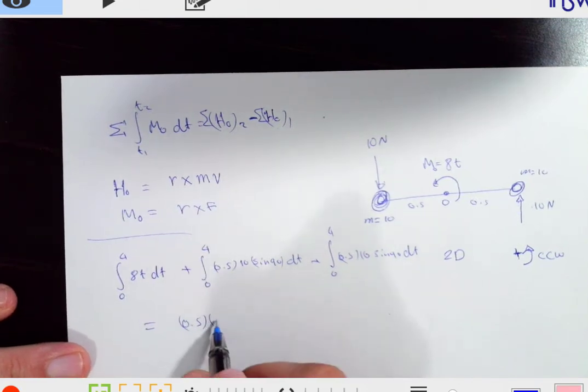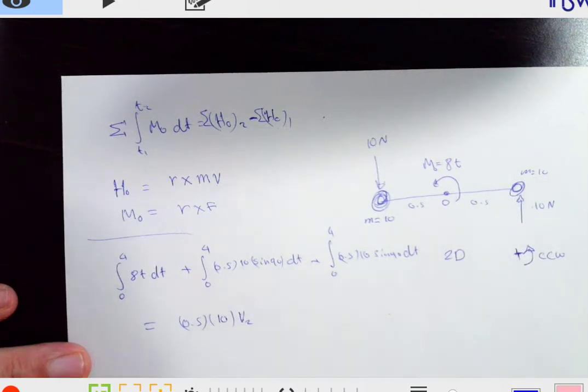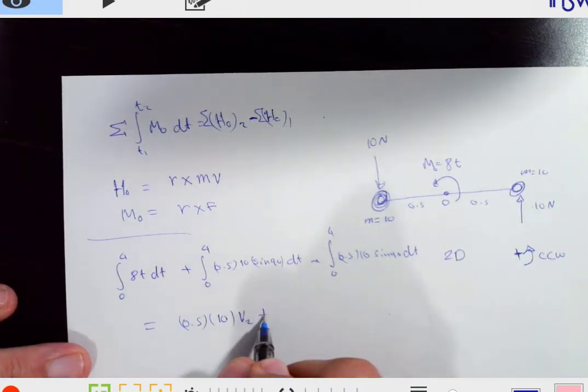Therefore, it is r by the mass 10 by the velocity of this particle, which is v2, right?